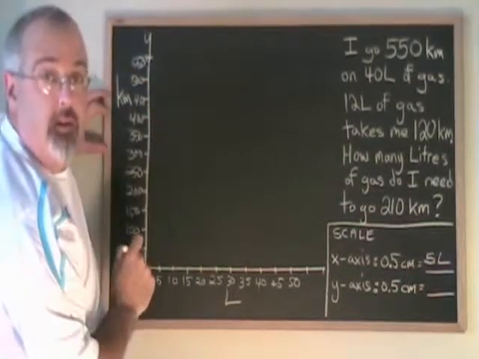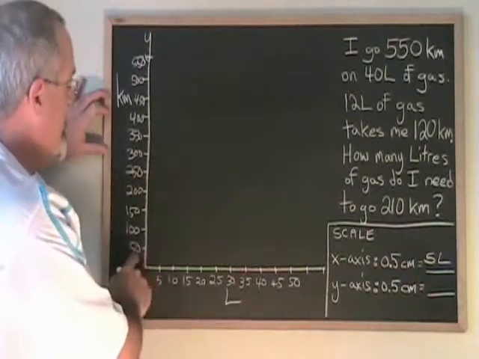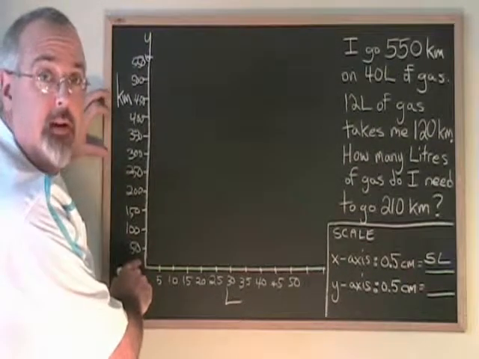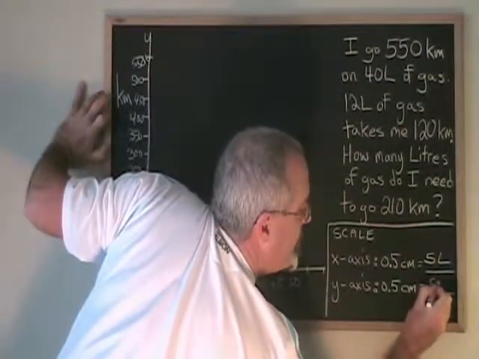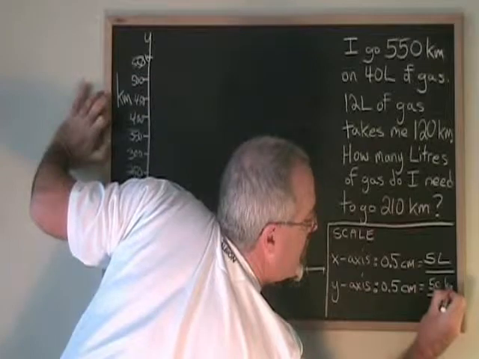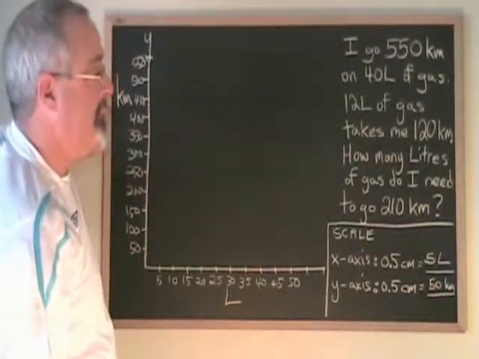That way it will fit on the graph, but I'm using my space along the y-axis. That means each square on my graph paper is equal to 50 kilometers, and I write that here. Use the unit of measure as well when you fill in your scale.